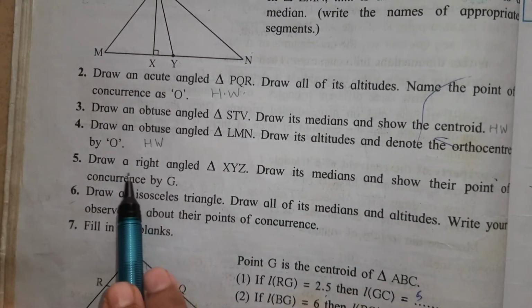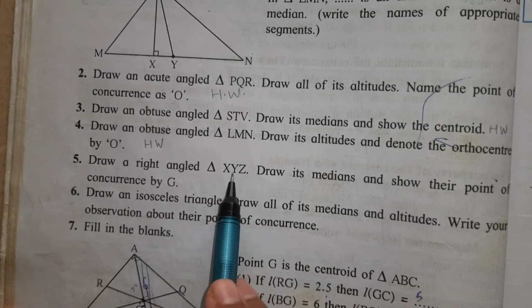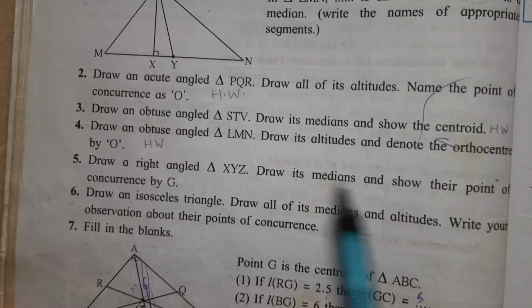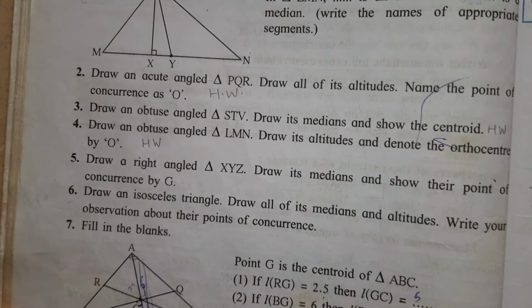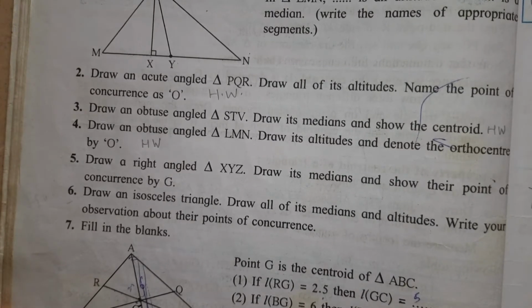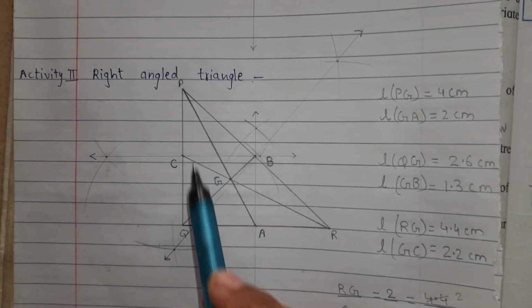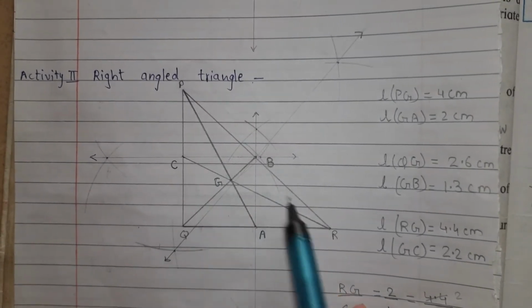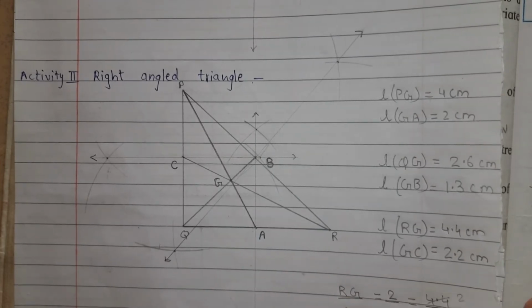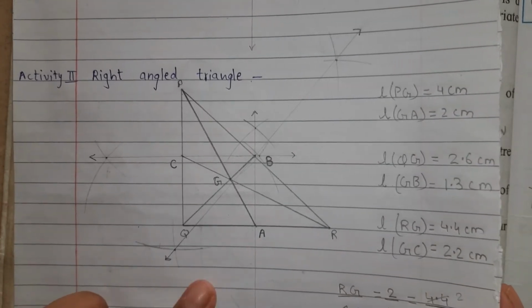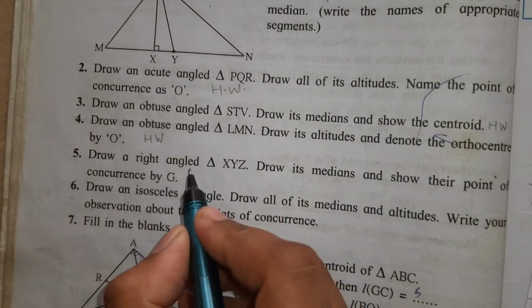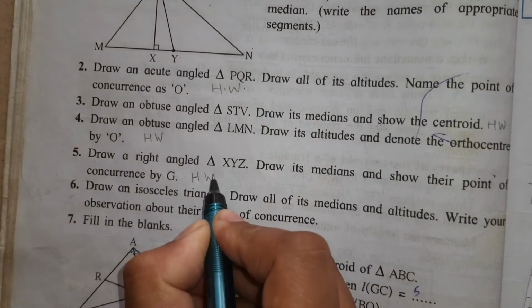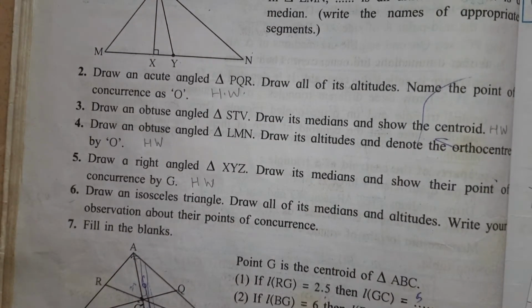Next one. Draw a right angled triangle XYZ. Draw its medians. Okay. So right angle triangle and medians is this example. Right angle triangle draw करना है और medians draw करना है और उसके centroid को नाम देना है G. So this also is your homework. 4 homework are there.